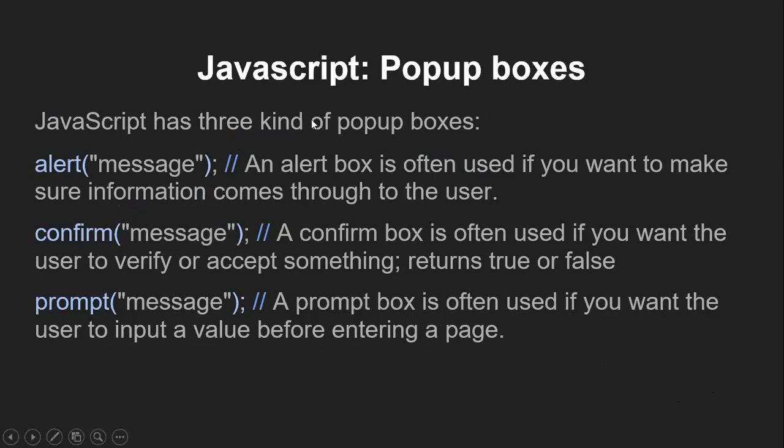Now, previously I said that there are a lot of ways we can output information on our browser. The three kinds of pop-up box that we have in JavaScript are the alert box, the confirm box, and the prompt box.